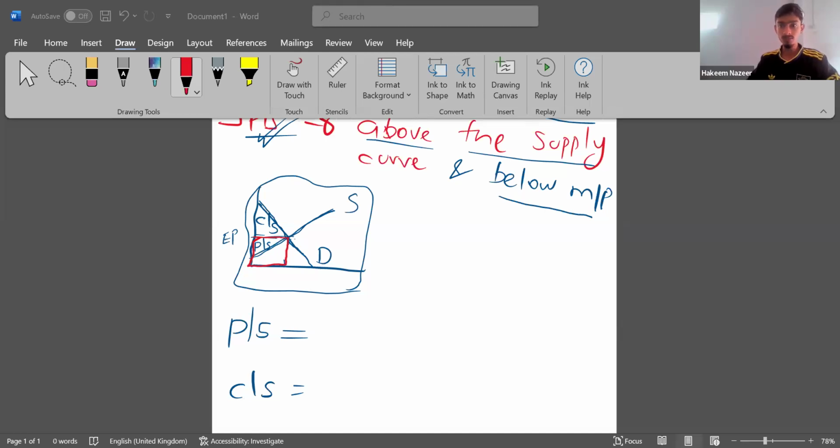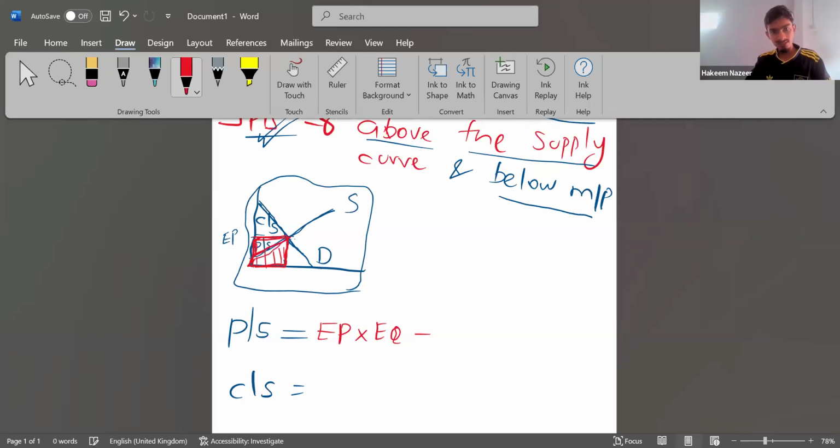We need to identify the total revenue first, so for that, equilibrium price into equilibrium quantity, right? A-level stuff, everything is A-level stuff. We identify the total revenue and we deduct the supply, so we can get producer surplus.